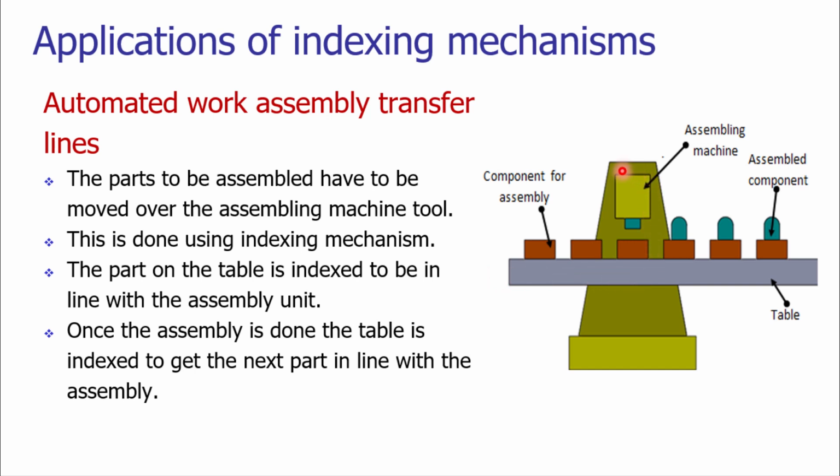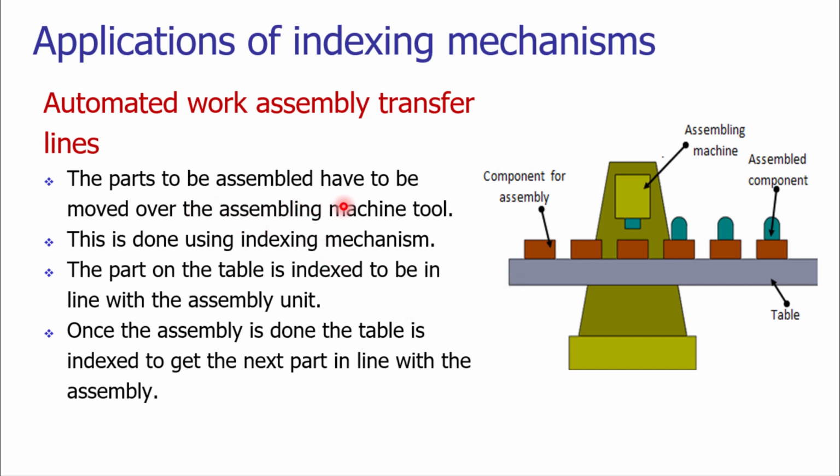So this is the assembling machine, and this assembling machine is assembling the subassembly 2 with the subassembly 1. So we have to design by using the cam operated arrangement which we have seen in our previous slide.